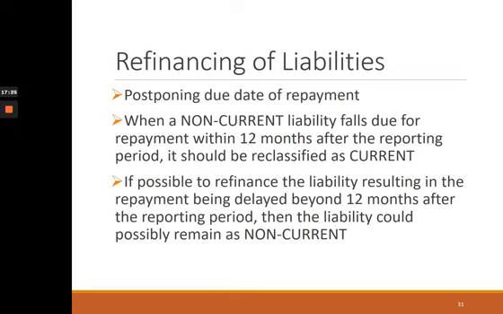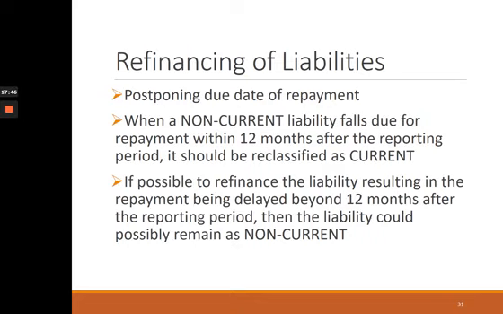Okay? We are allowed to refinance our liability. So a lot of companies would have done this during our lockdown that we experienced last year. A lot of companies experienced difficulties, and as a result, they wanted to postpone their payments for their loans or liabilities.